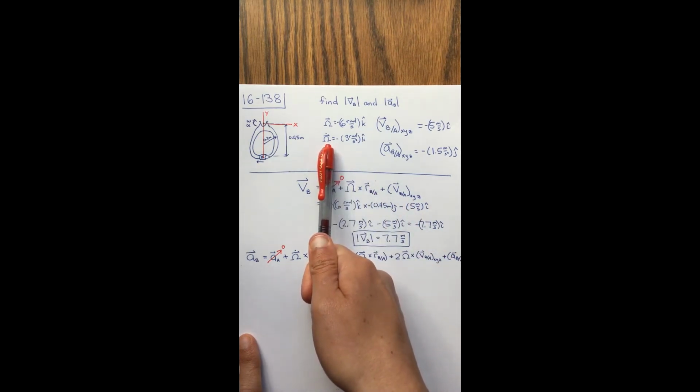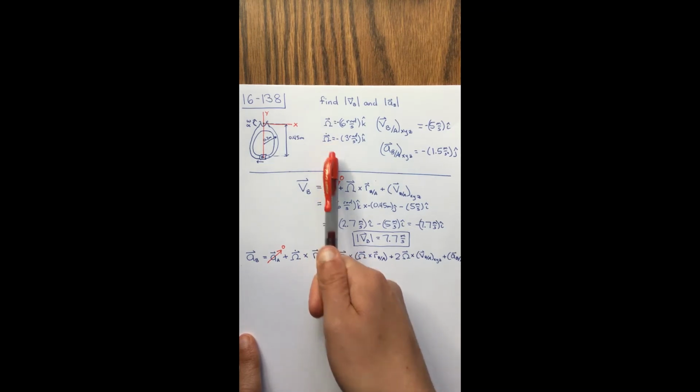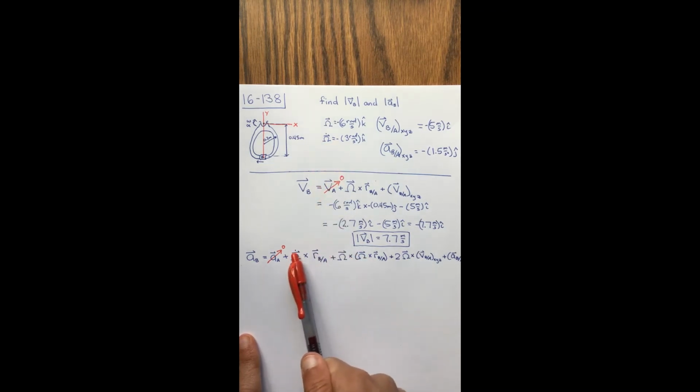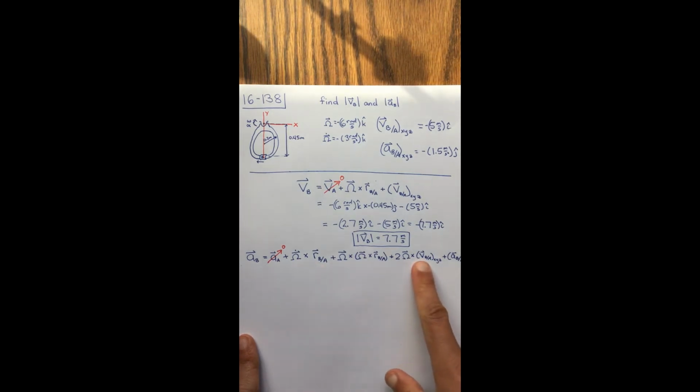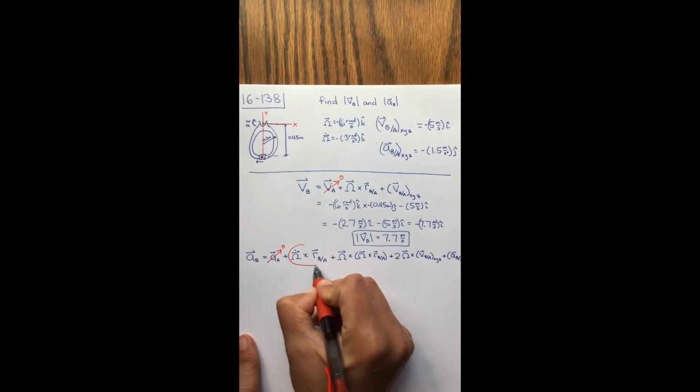We actually do have angular acceleration for our rotating reference frame, so we're going to use that here. So this term is non-zero, this term is non-zero, this term is non-zero, and this term is not zero. So we have four different terms here, and we have cross products for three of those terms. So let's do the cross products first before we plug everything in.